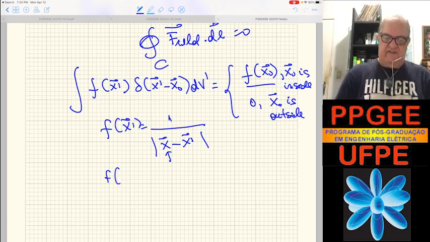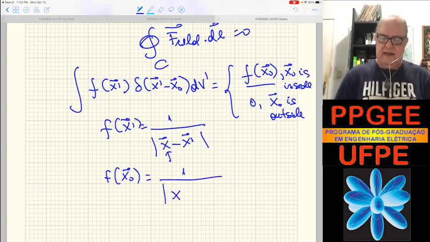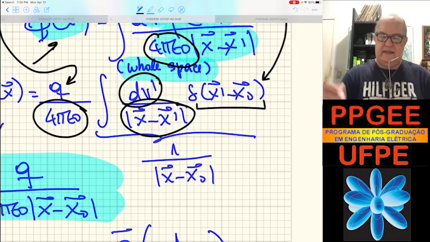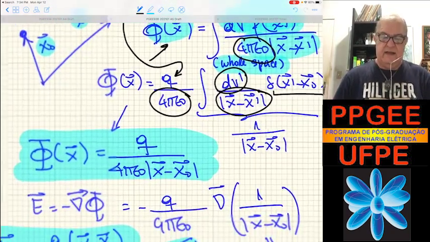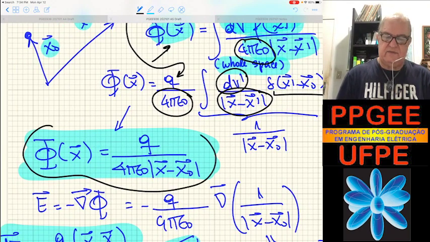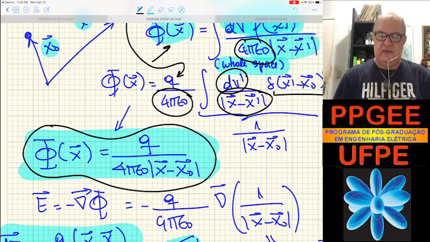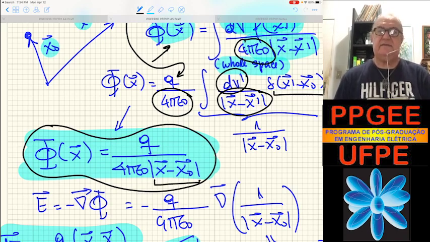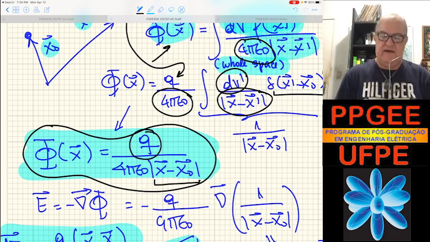So f of x0 is simply 1 over the magnitude of x minus x0. Then we have the result. A point charge has a potential of this form. It goes with the inverse of the distance, right? Charge divided by distance.